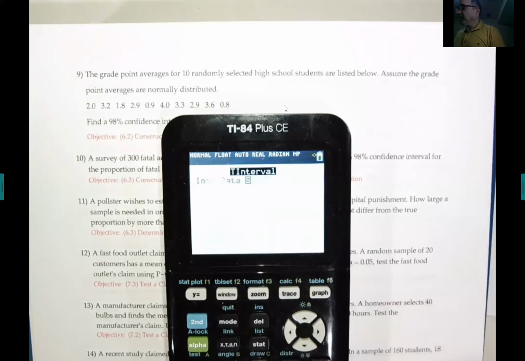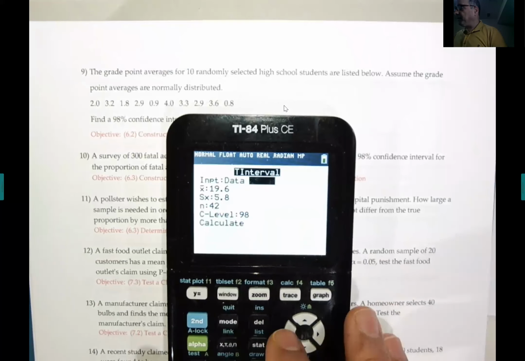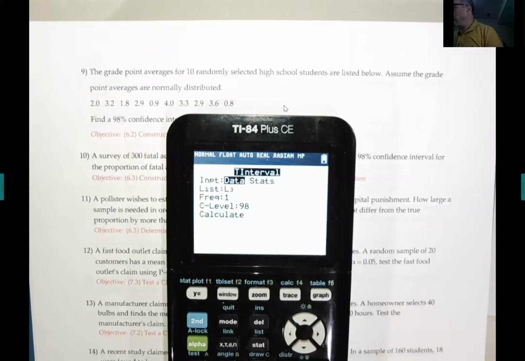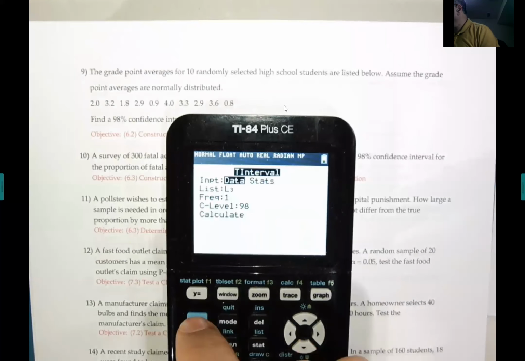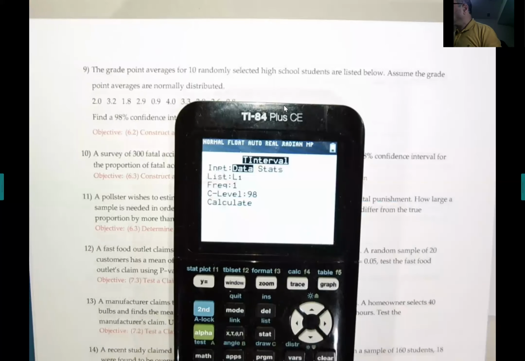Okay. Now, I have a data set, so you have to select data now because you have data. Where did I put it? I put it in L1. It shows L3 here, so I need to change that by pressing second and number 1. Frequency, never change this number. It's always 1. And he wants what, 98 or 95? 98, so we're good. And enter.